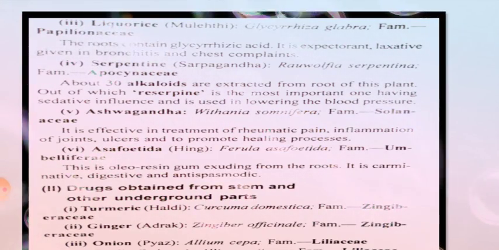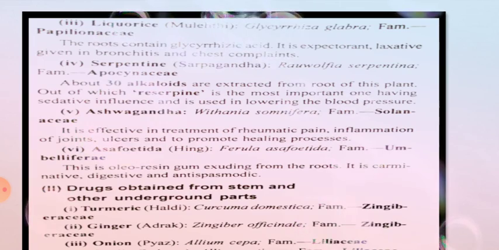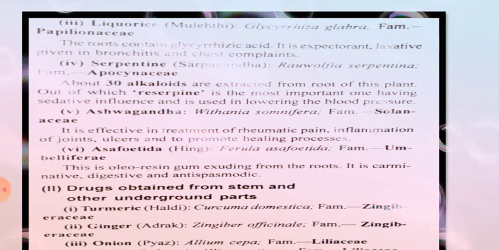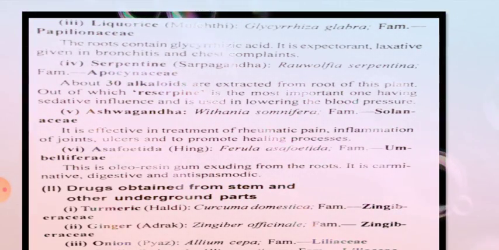About 30 alkaloids are extracted from the root of these plants. This is very important for all of you, because the maximum number of alkaloids can be obtained from Rauwolfia serpentina, out of which reserpine is the most important one, having a sedative influence and used in lowering blood pressure. So out of the 30 alkaloids, reserpine is mainly used for lowering blood pressure.